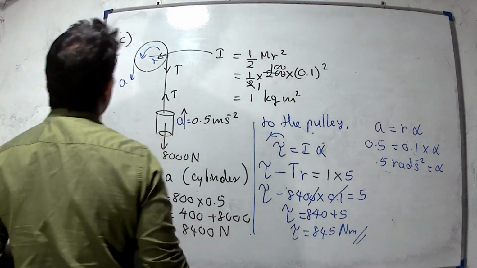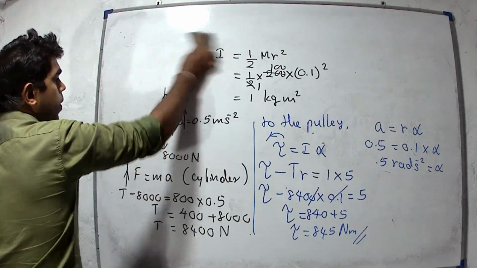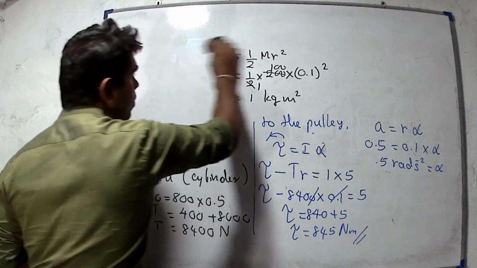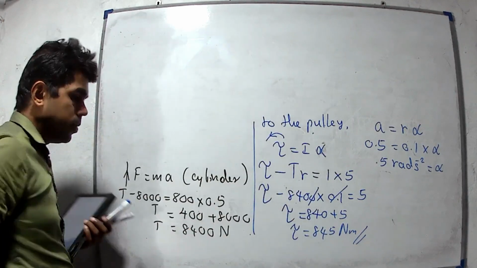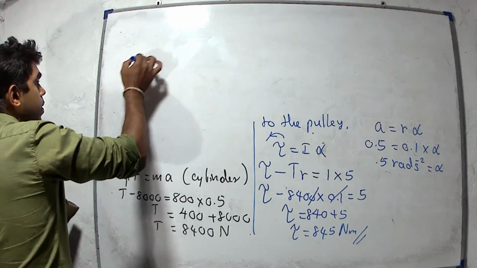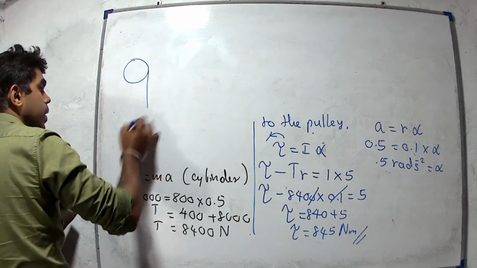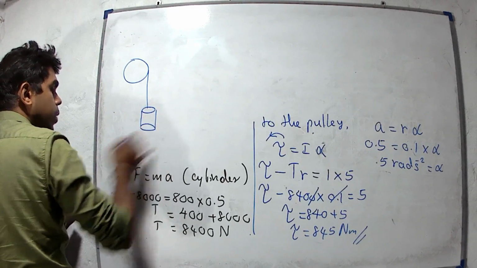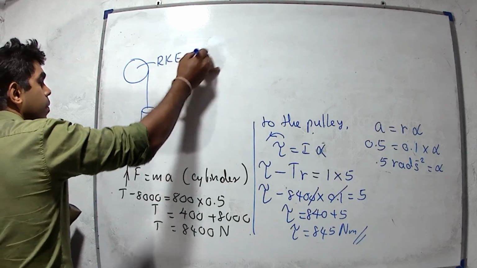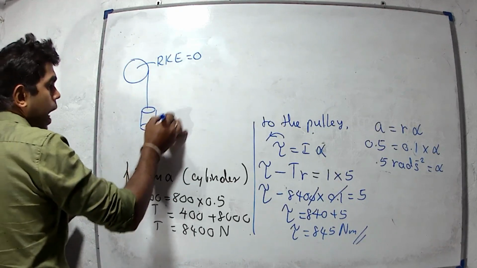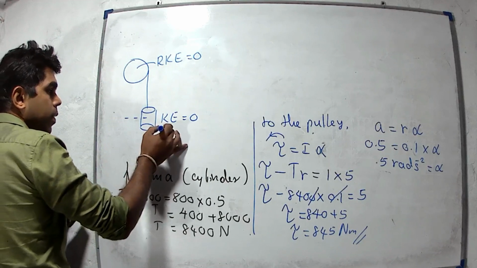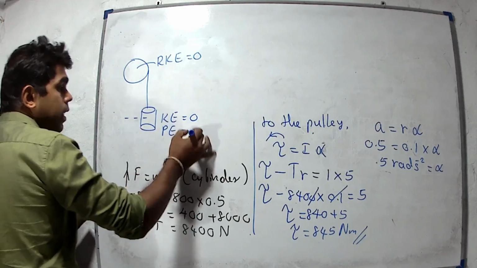Now, the pulley is rotating freely and comes to rest before the free fall, and therefore we can consider that for the initial situation there is no rotational kinetic energy for the pulley, and there is no kinetic energy for the cylinder, but there is a potential energy. We can get the potential energy of the cylinder as mgh.